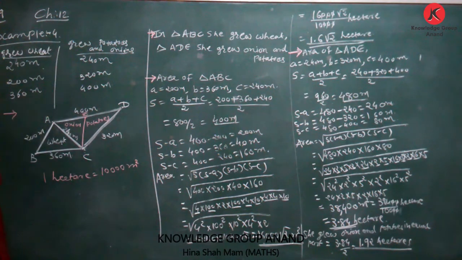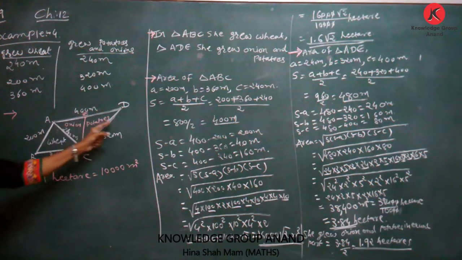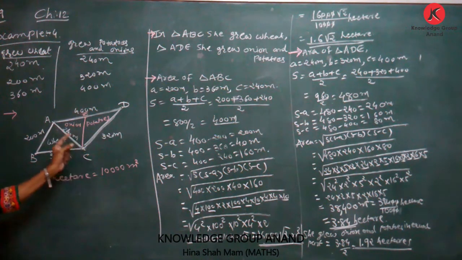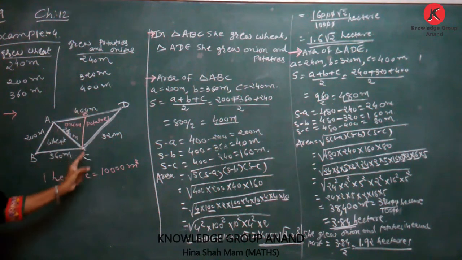Now, Kamla, open your book, read the question. Kamla had a triangular field. In one part, this side, she grew wheat, and in the adjoining field, she grew potatoes and onions in equal parts.